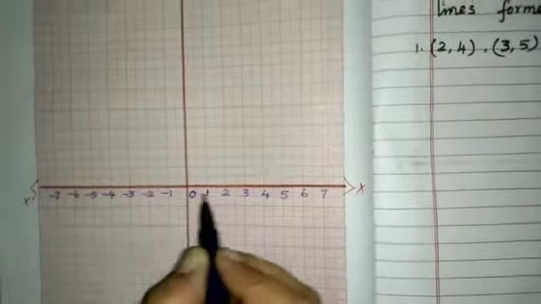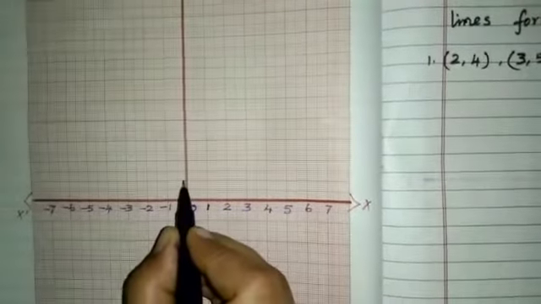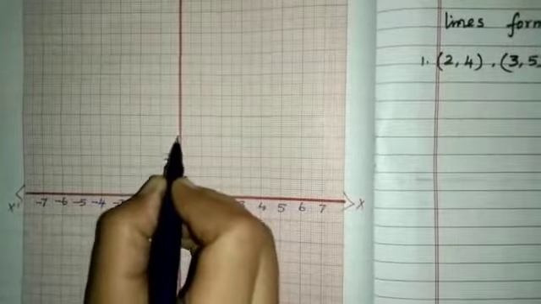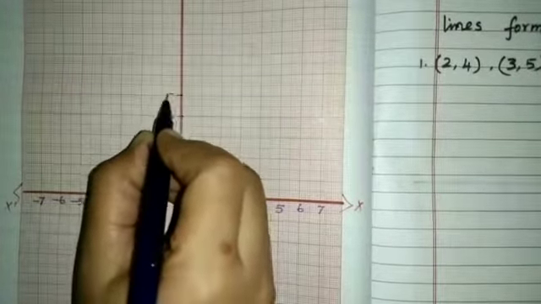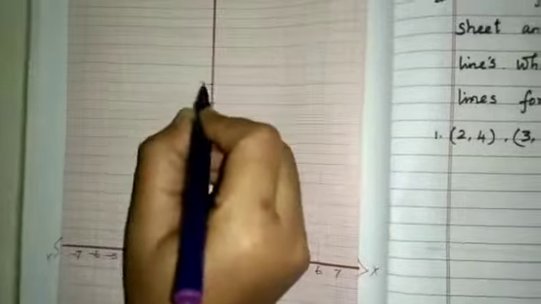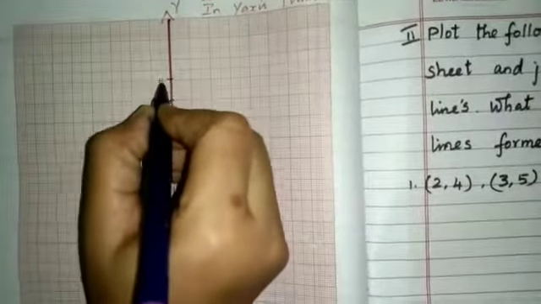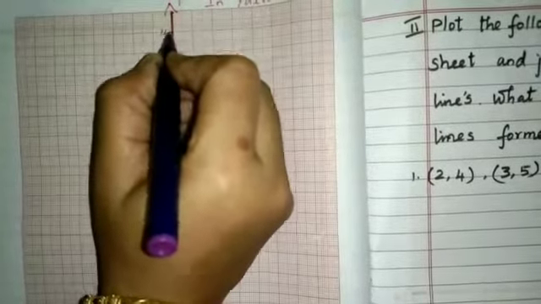In the same way, above the line is positive. This is 0. The next line is 1. This is 2, 3, 4, 5, 6, 7, 8, 9, 10, 11, 12, 13, 14.